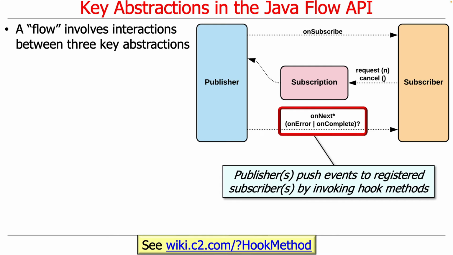One error could be reported at the end of the 0 or more events. Or you could receive an onComplete event indicating that things are done. So those are the options. You can push 0 or more events, and then optionally, you might have an error to conclude the stream, or you might have an onComplete event which says I'm done successfully. Or you might never terminate, in which case you would have neither onError nor onComplete. That's why those are optional. So that's a regular expression that describes how that works.